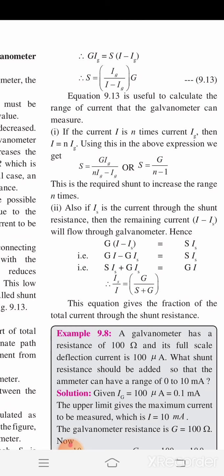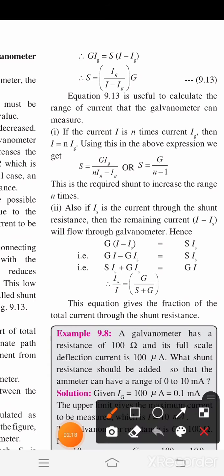Therefore, S is equal to Ig divided by I minus Ig, into G, where Ig is the current flowing through the galvanometer, I is the total or effective current, and G is the resistance of the galvanometer.